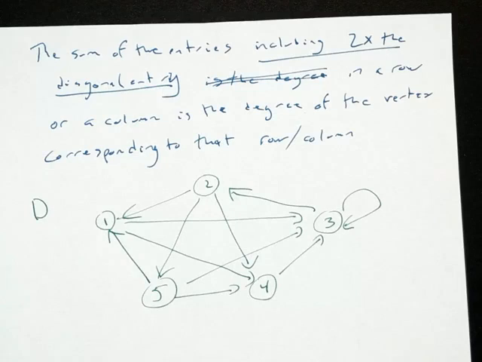It's still a 5 by 5 matrix. I still only have 5 vertices. That part didn't change at all.